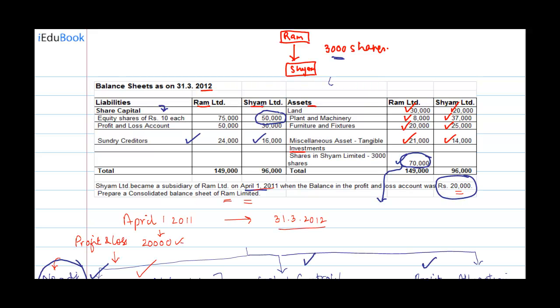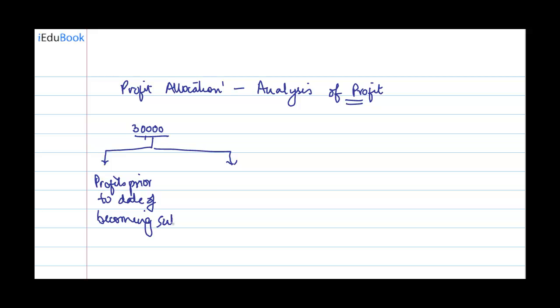So basically the total profit and loss in the books of Shyam Limited as on 31/3/2012 is 30,000. Now this 30,000 comprises two parts: profits prior to date of becoming subsidiary and profits after becoming subsidiary.